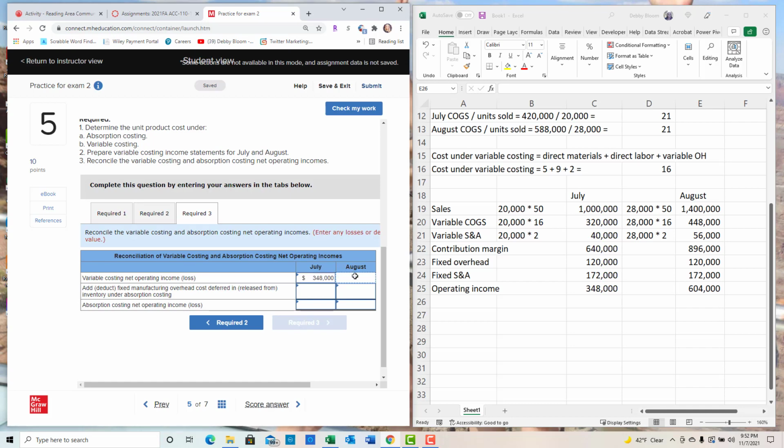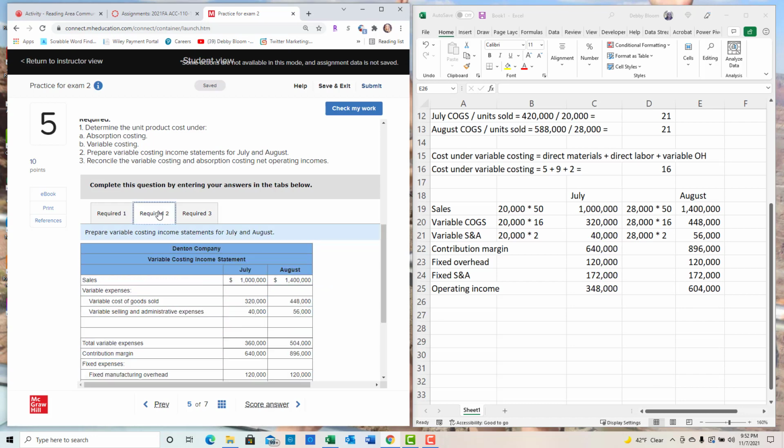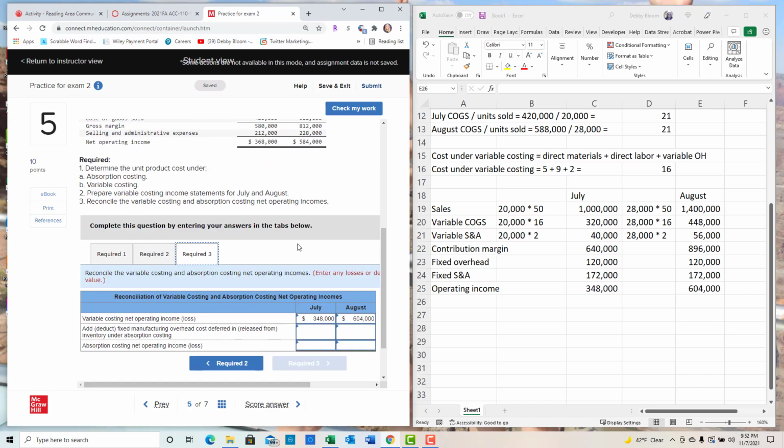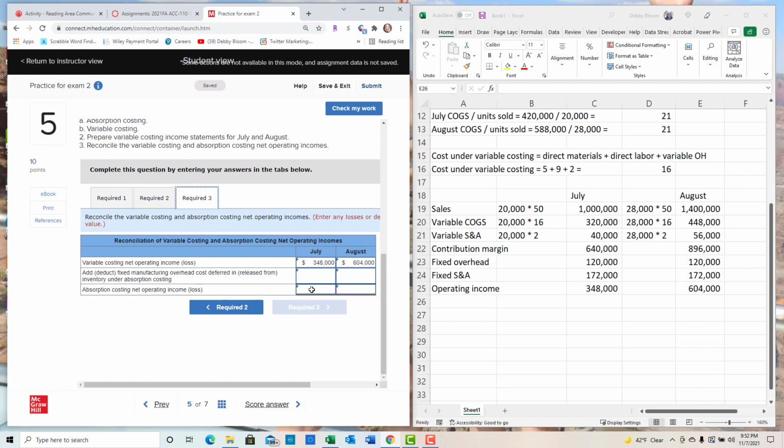And in August, it was 604,000. We can see from above that it's 368,000 and 584,000.